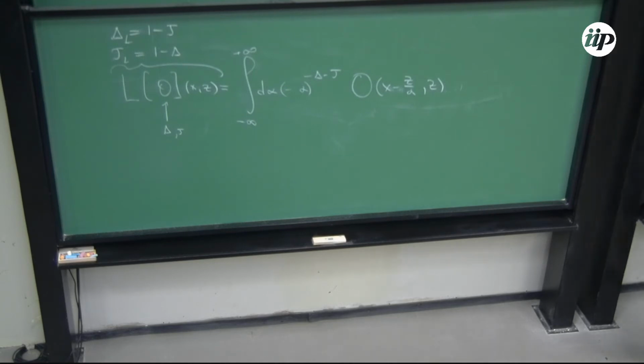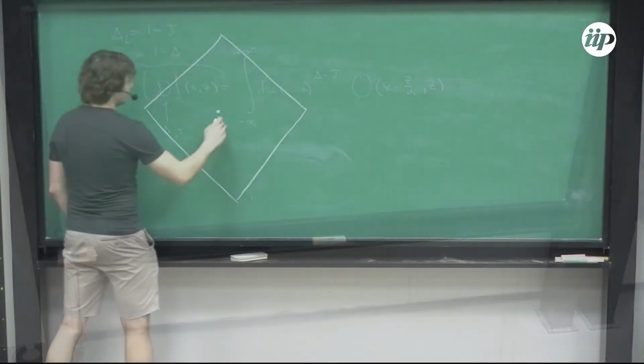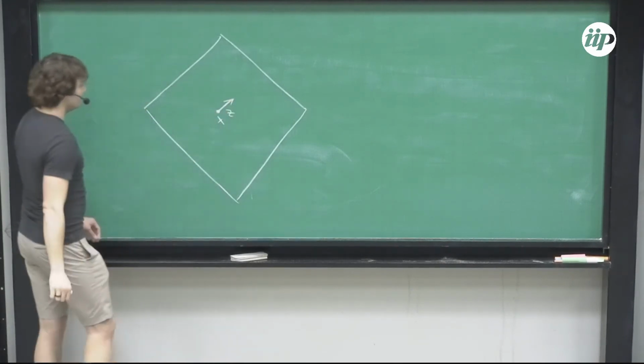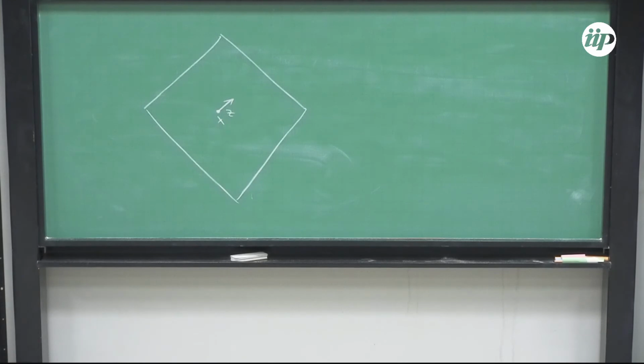So the way to think about this integral is as follows. Let me draw a Penrose diagram of Minkowski space, to the best of my ability. So we have point x where we want to insert this L of O, and we have some null vector z which we want to use as polarization.